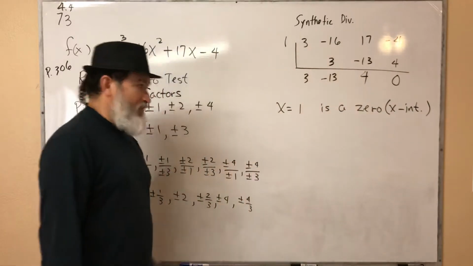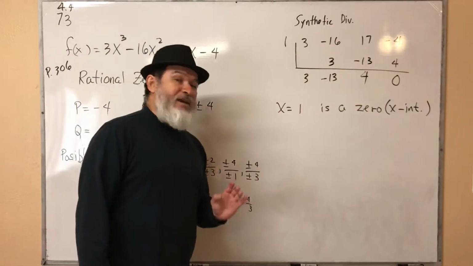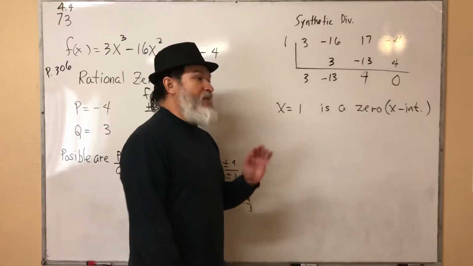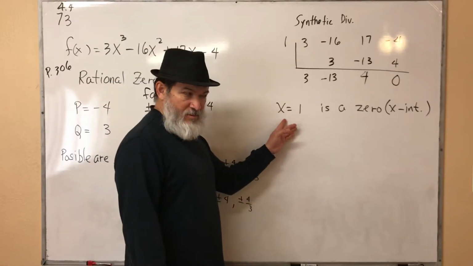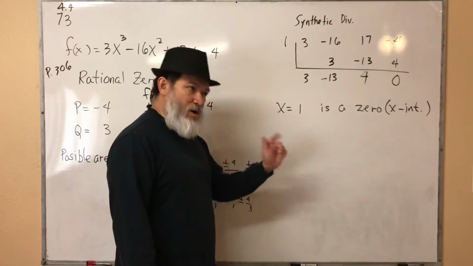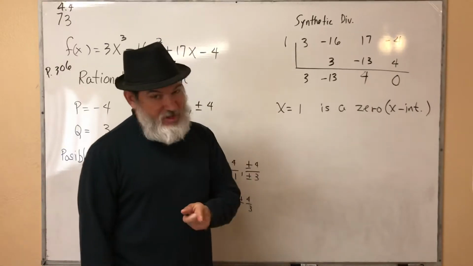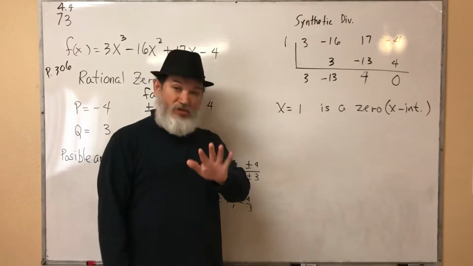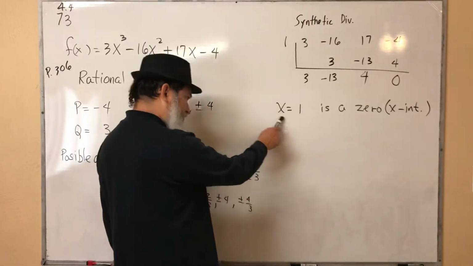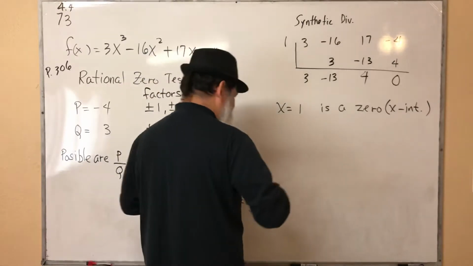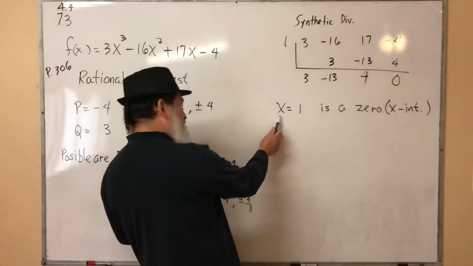Now, we said last time that whenever we get a 0, that 0 comes from a factor. Let me show you how to find that factor. So bring this over to the left.